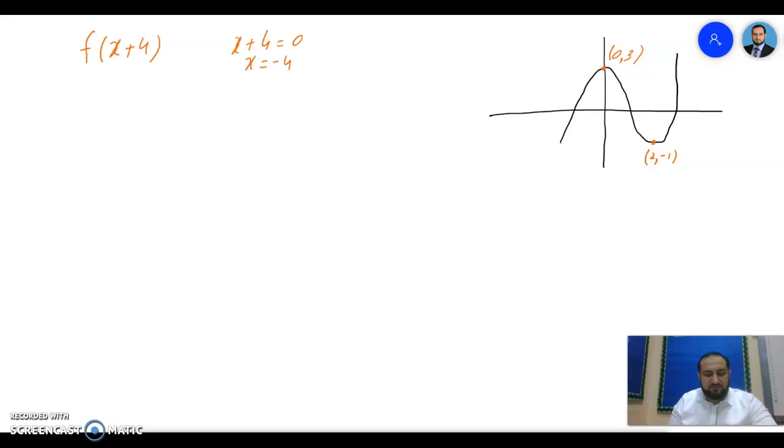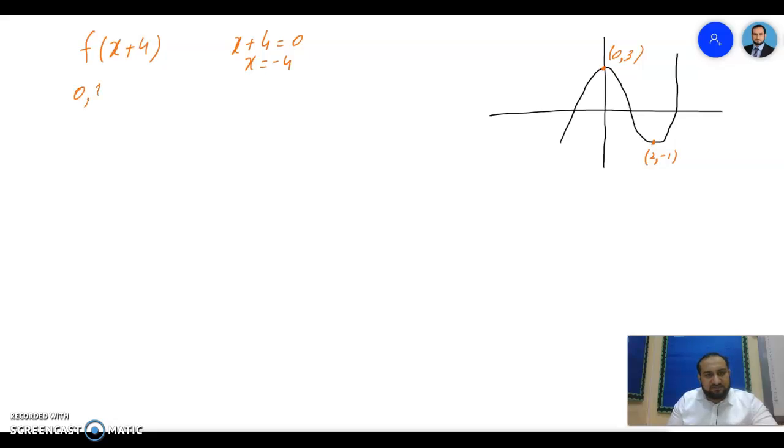This will let us know which direction it should move and how many points it should move. Once we set this equal to 0, we end up with x equals -4. So this is telling us it has to move to the left, 4 points from where it is right now.